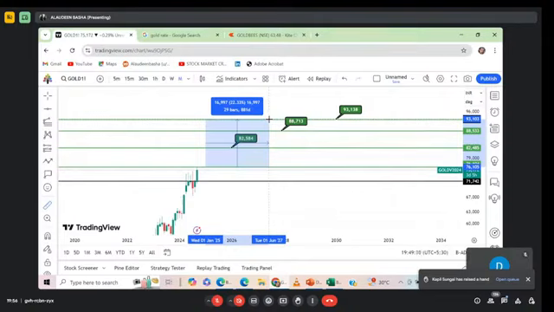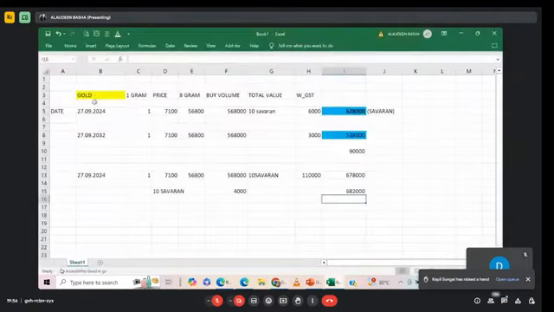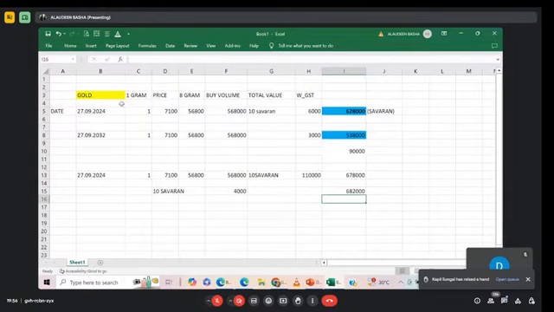It's highly possible. Whenever the market crashes, you think about investment in gold, not in physical format, guys, because I clearly explained: if you buy the physical format for investment, how much loss you get. You don't think about investment in physical gold. If you think about investing in gold, go for online digital mode, then only you get the profit.